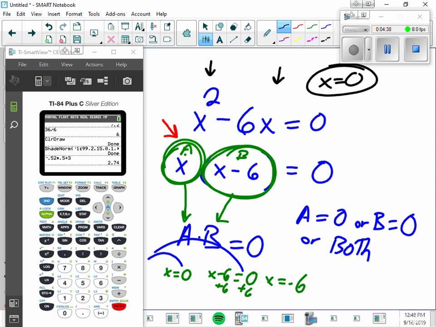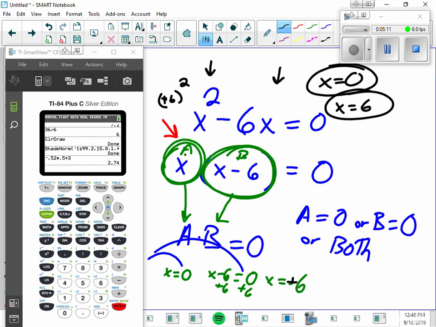Plug in 6. 6 squared is 36, minus 6 times 6, which is 36. So 36 minus 36 is 0. So x equals 6 is an answer. Do you guys understand that?